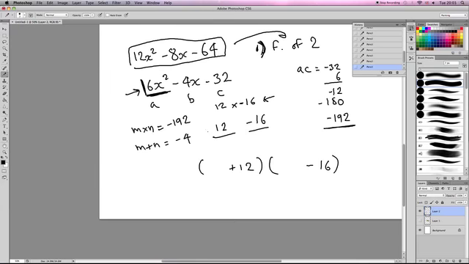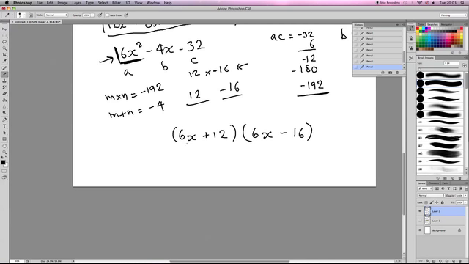So A is 6, so we'll write 6x here, 6x there. And now it's about finding what factors you've got. Here, we've got 6x and 12. I could take a factor of 6 out, essentially. So we've got x plus 2. So we've got 6 here.